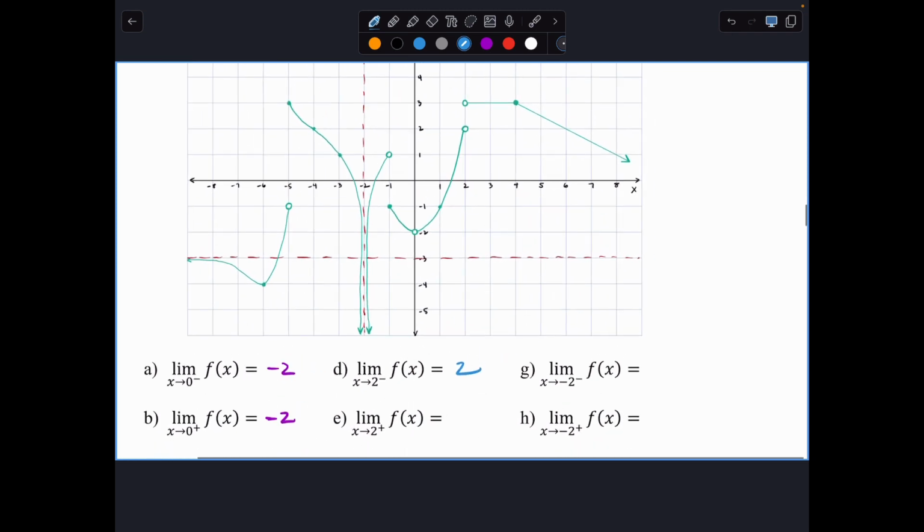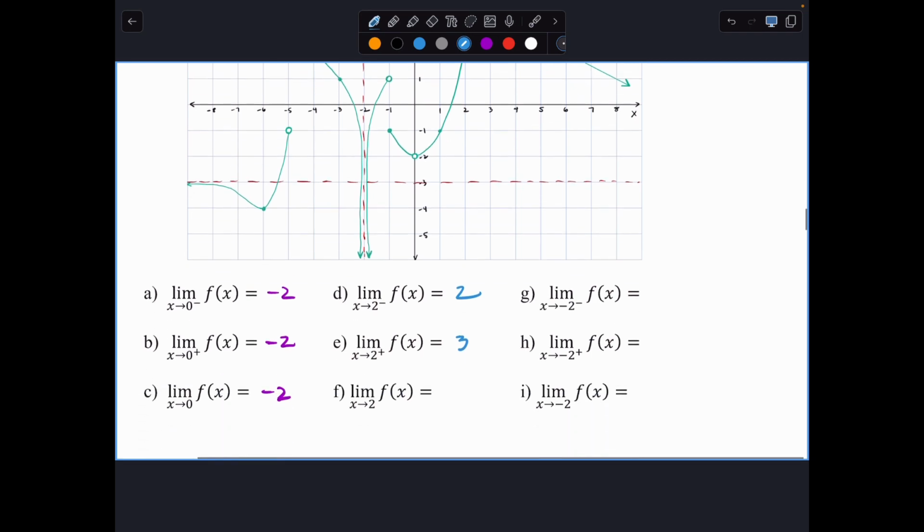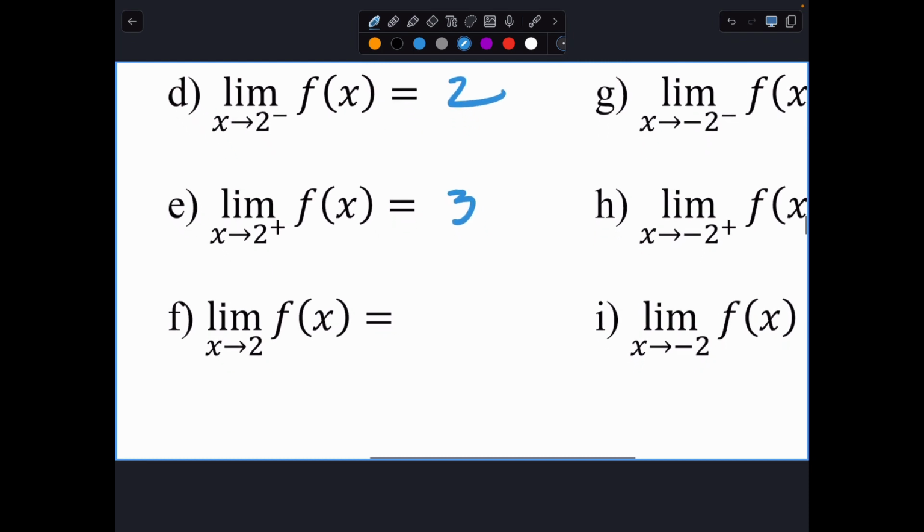As x approaches 2 from the right, the function seems to be approaching 3. So I don't even need to look. The one-sided limits both exist, but they don't match. They're not equal to each other. Therefore, the two-sided limit as x approaches 2 is what we refer to as DNE, does not exist.